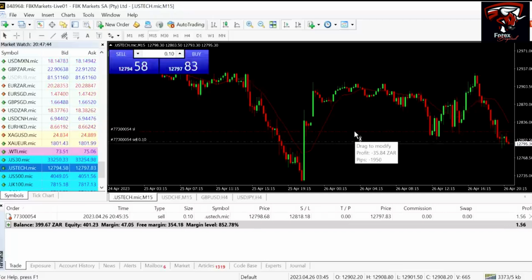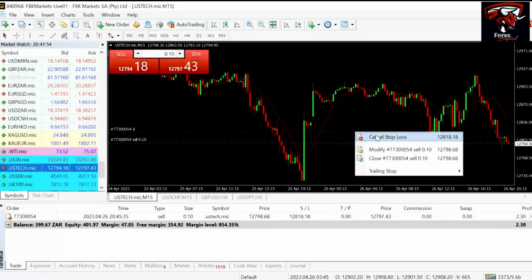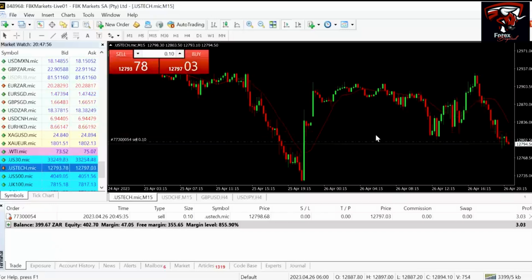And it's showing me that I'm going to lose about 35 rands if the order goes against me. So ideally, I don't set this at all, because I've funded with an amount of money that I'm willing to lose per trade.